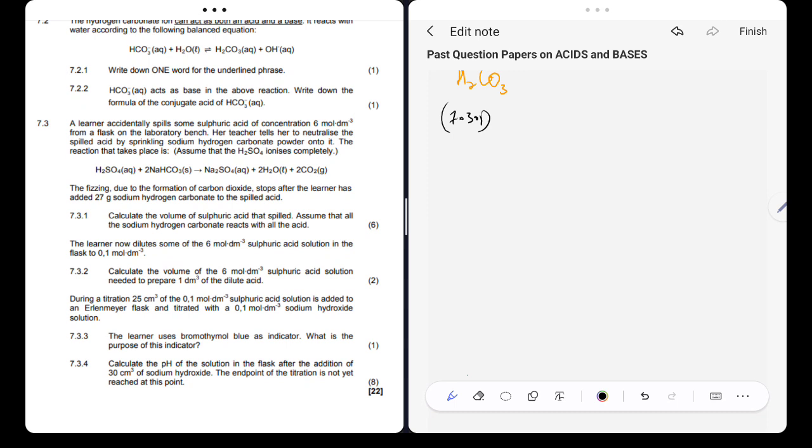The fizzing due to the formation of carbon dioxide stops after the learner has added 27 grams of sodium hydrogen carbonate to the spilled acid. Then the question says, calculate the volume of sulfuric acid that's spilled. Assume that all the sodium hydrogen carbonate reacts with all the acid.